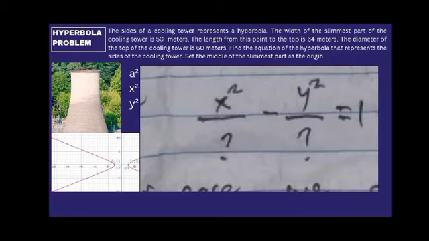We do not know the value of a, so we have that question mark. We do not know the value of b, so this is a question mark also. And if we can find the values of a and b, we will be able to find the equation.